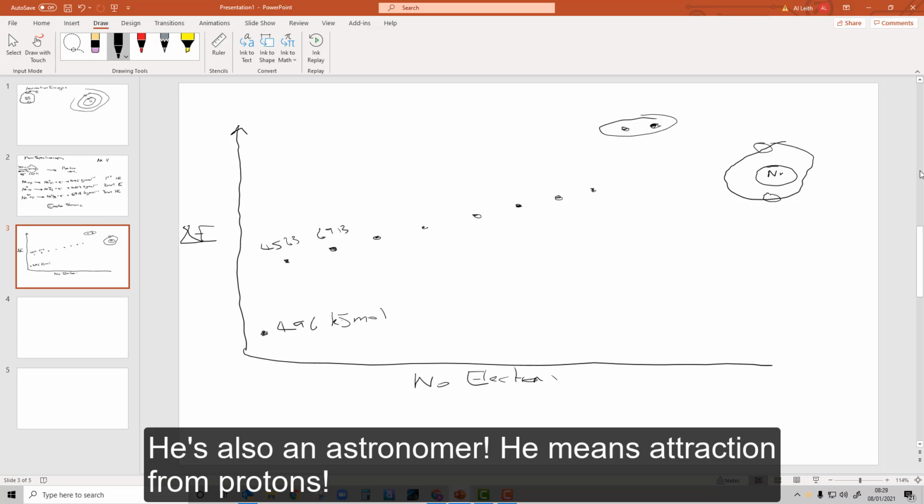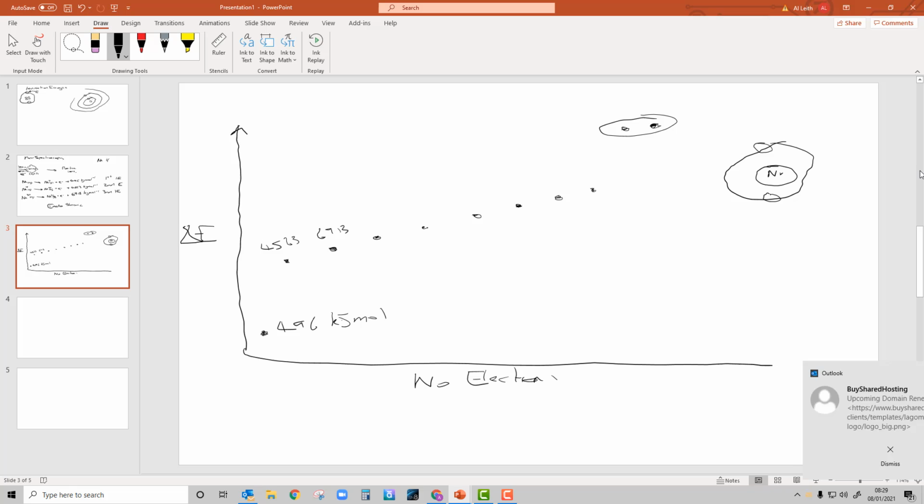I shouldn't really use that terminology when talking about atoms. But the amount of energy required to pull those two is going to be phenomenal. So that's a lot of what we're talking about in terms of the ionization energies.